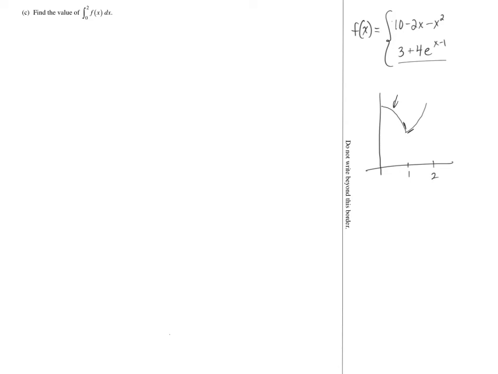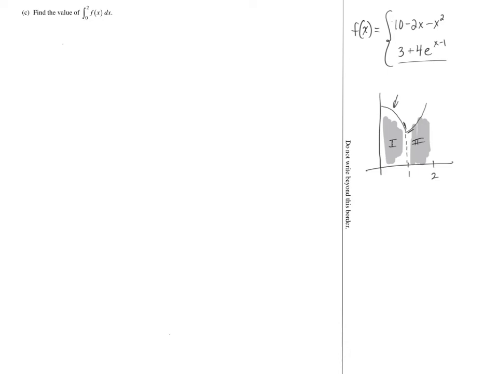Think of it as breaking it into 2 areas: we can get this area over here in the first chunk, and that area over there in the second chunk. We'll call it region 1 and region 2.